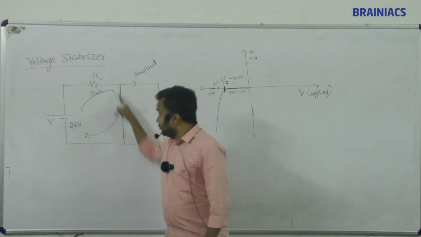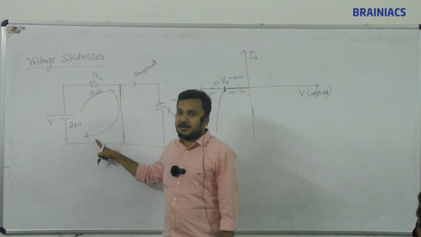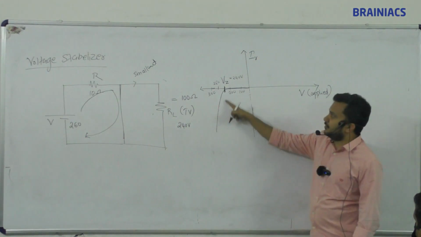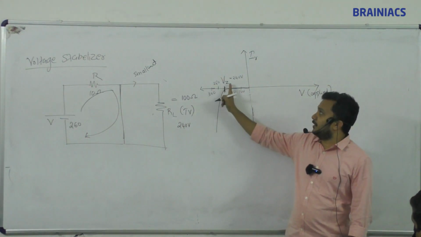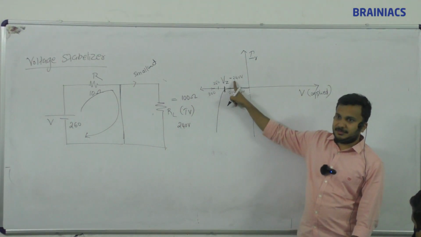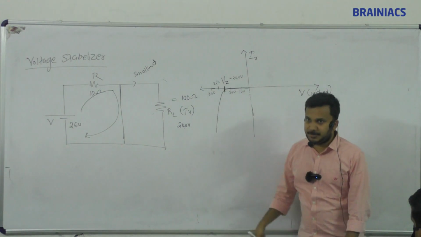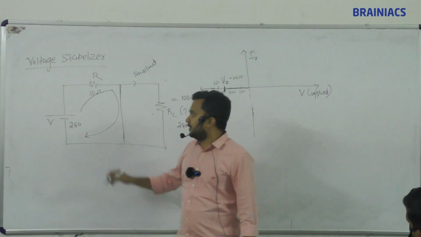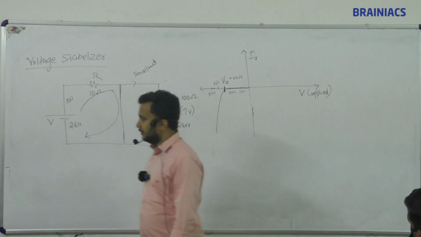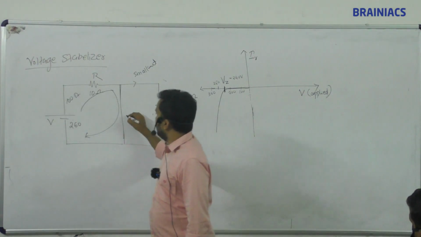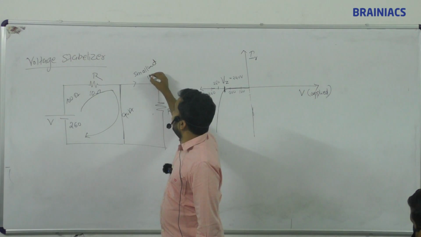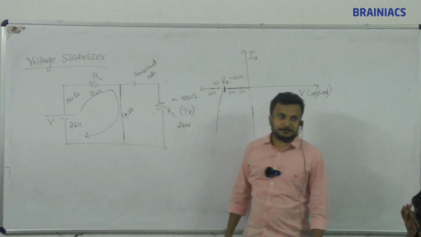Small current, while the majority of the current will flow through the diode because the diode is in what condition now? Breakdown, because you are above the limit. So of the majority of the current, for example if 100 ampere is coming, 90 ampere will go here and 10 ampere will go here like this.